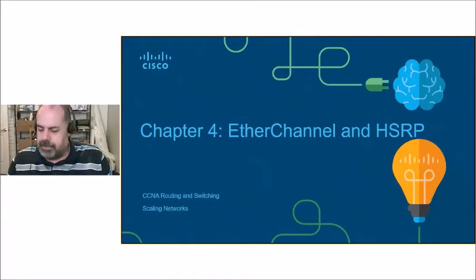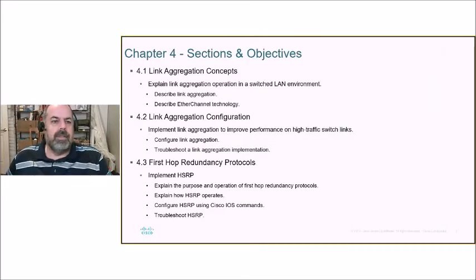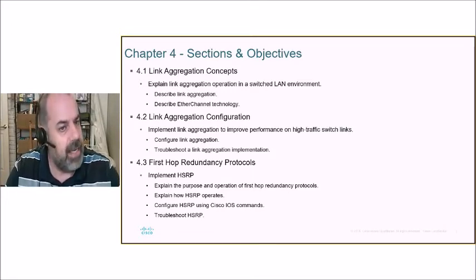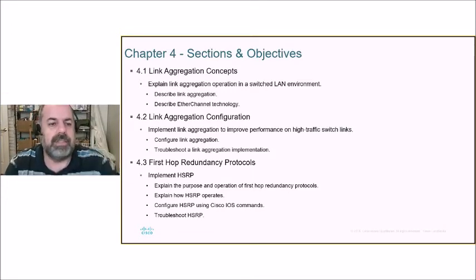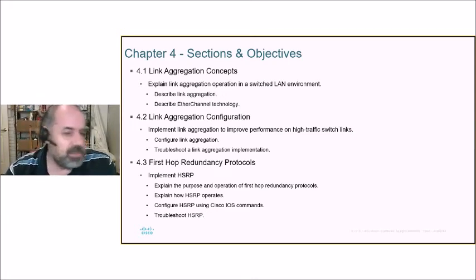So we're here to do chapter 4 of Cisco 3, and it's about EtherChannel and HSRP, or Hot Standby Routing Protocol. EtherChannel is a link aggregation protocol, which basically means you can join more than one link together and both increase the bandwidth and improve link utilization as well as reliability.